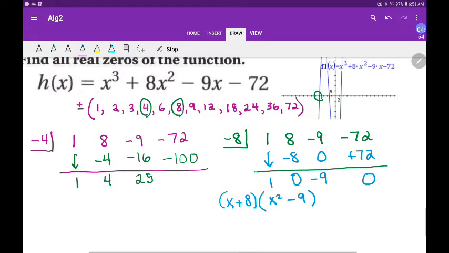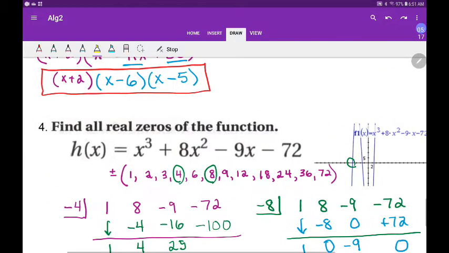And if I multiply that out, I should go back to being that. And that is what happens. If you notice, plus 8 and negative 9 do make negative 72, so that checks out. The x times x squared is x to the third, and then the middle terms would work out as well. And you can see that pretty quickly.